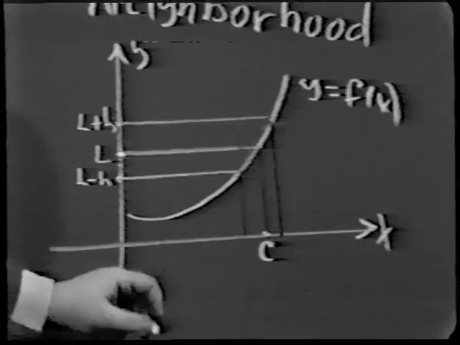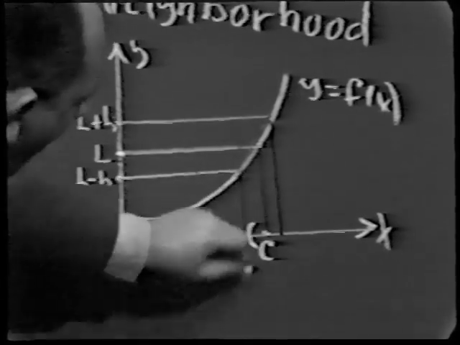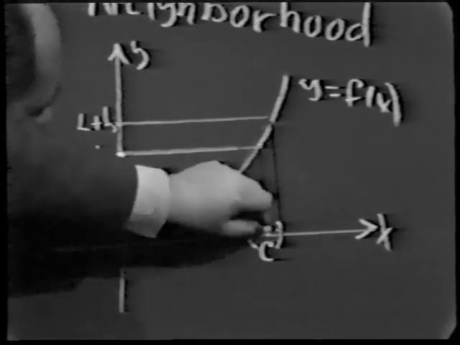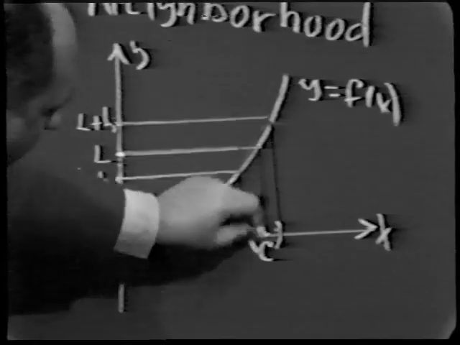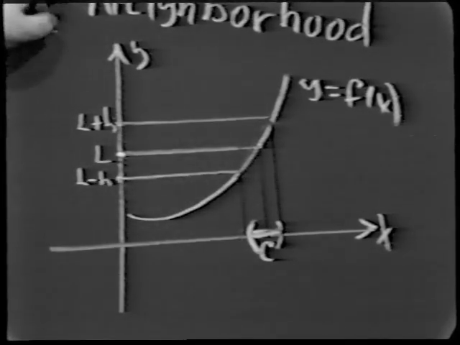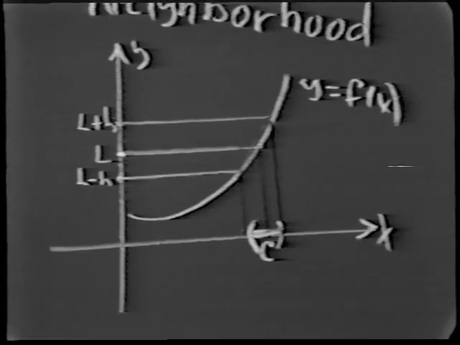Frequently what we do in a case like this is we say, well, if we're interested in seeing what happens near c, see, this is non-symmetric, why don't we just take the smaller of these two widths and see what happens in the symmetric part? In other words, if the neighborhood is not symmetric, we can always make it symmetric, and so there really isn't that much to worry about in that particular respect.